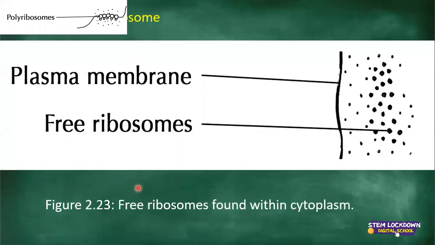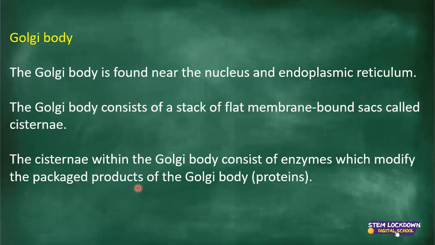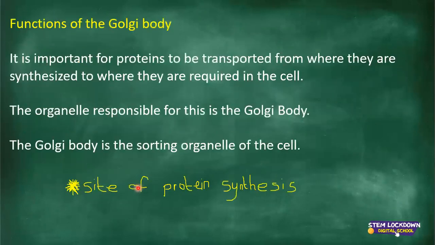And now we are discussing the Golgi body and its function. It's mentioned here that it is important for proteins to be transported from where they are synthesized to where they are required. Same way when you bake at a bakery, you don't want to keep the goodies there. You want to sell them and transport them to people who want to buy them, right?